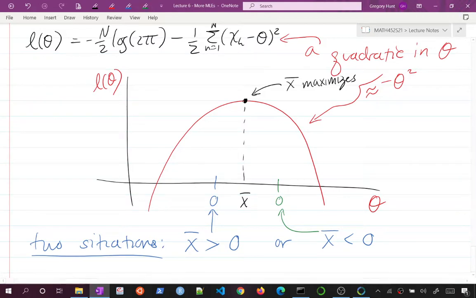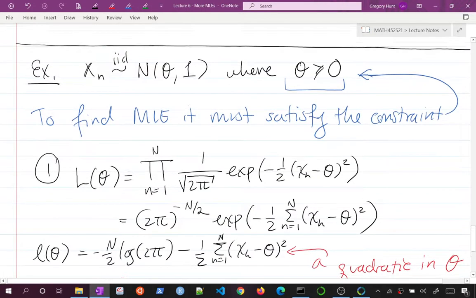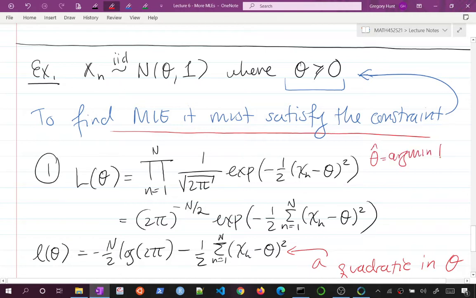Why does it matter? Because I'm putting this constraint here, and my MLE must satisfy this constraint. If you go back to our definition of the MLE, theta hat is the argmin of L of theta, where theta ranges over some set of possible thetas. I call it capital Theta.